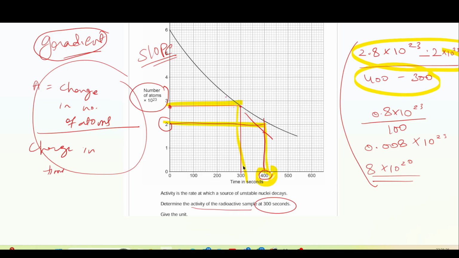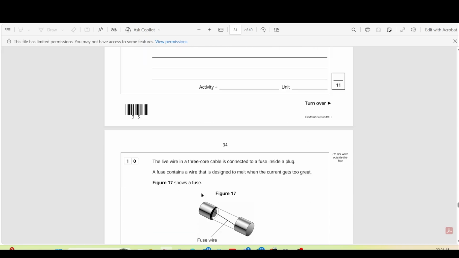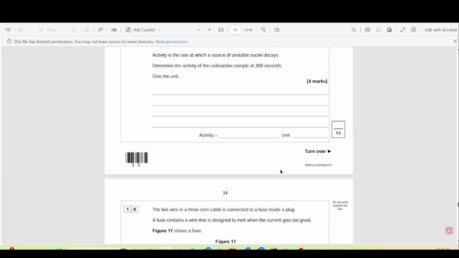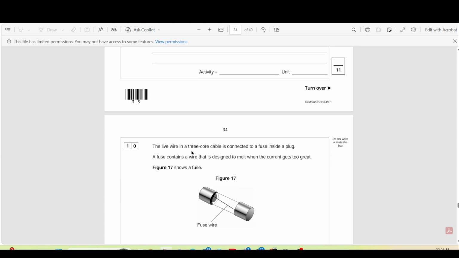Like I have taken 400 and 300 in the denominator, and these values on the numerator. Also it is asking about the units. This is Bq, capital B and lowercase q, for the activity.